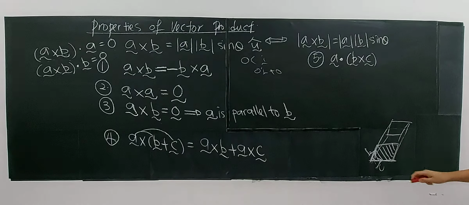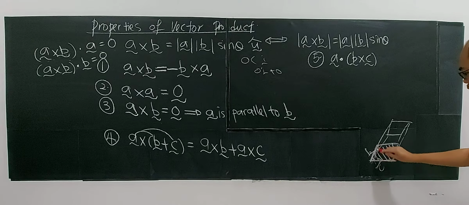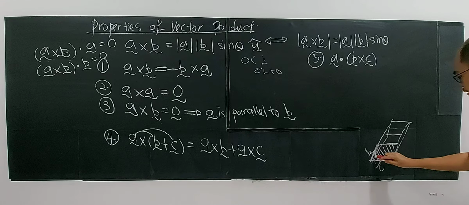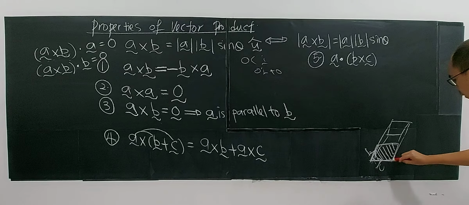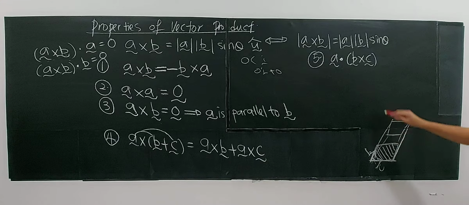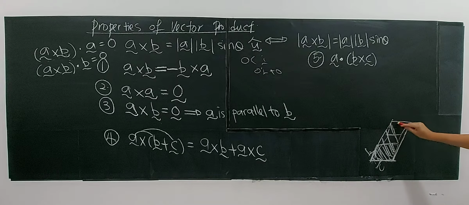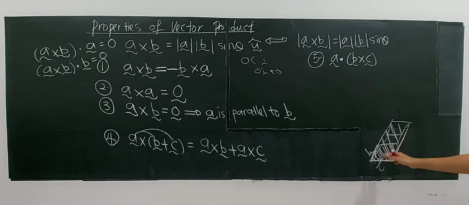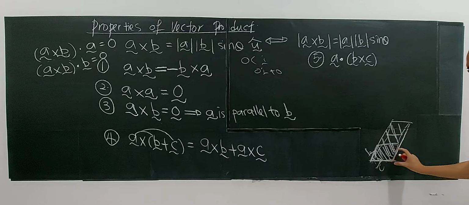So when you cross two vectors you get a vector, and when you dot it with another vector, you get a scalar quantity. The scalar quantity represents the volume of the parallelepiped. It's a prism, actually, a prism with the surface of a parallelogram.